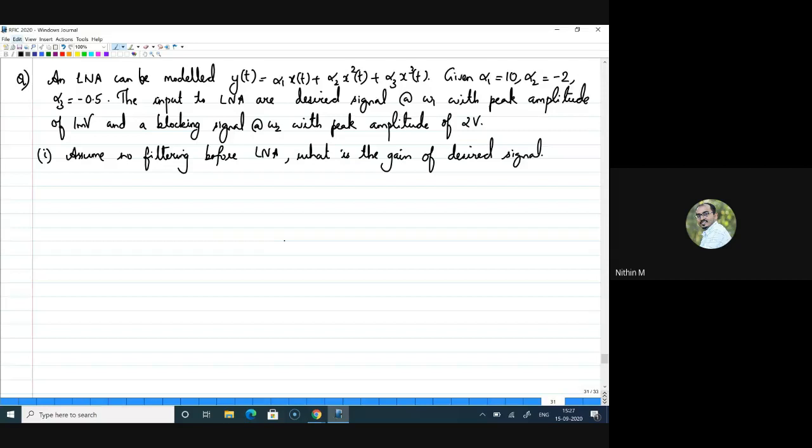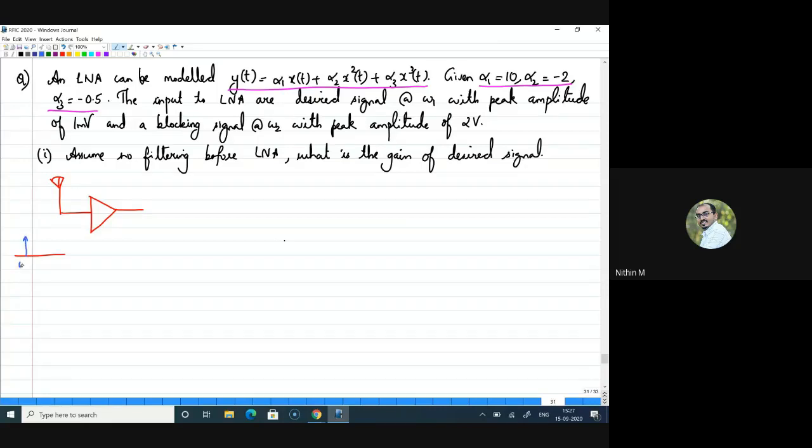So for others who did not understand this, I'll just let you know. This is how the LNA is modeled, and these are the constants given: alpha 1, alpha 2, and alpha 3. Now what you can think is, you have an LNA, there is no filter before this LNA. That means this LNA is directly receiving the signal. What are the signals at the input of this LNA? There are two signals.